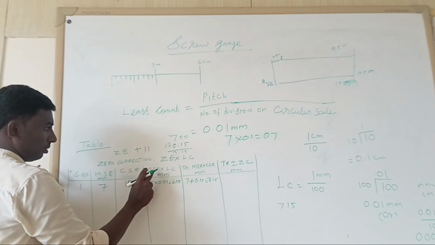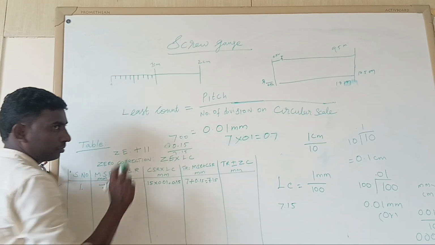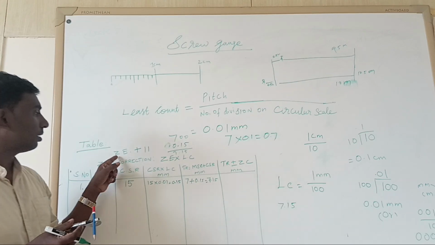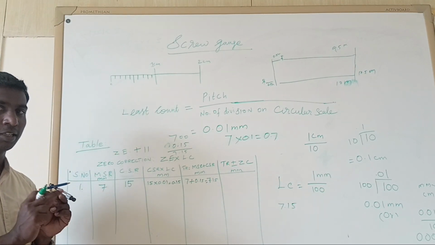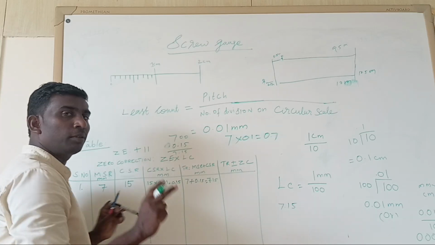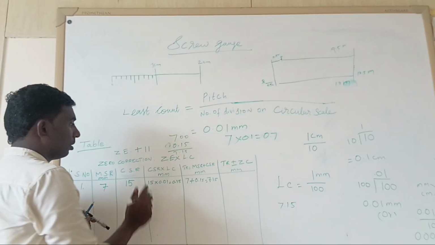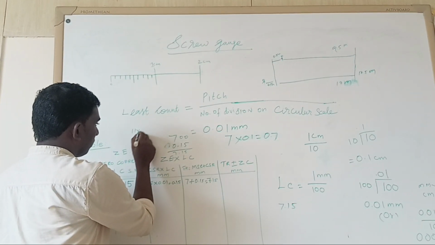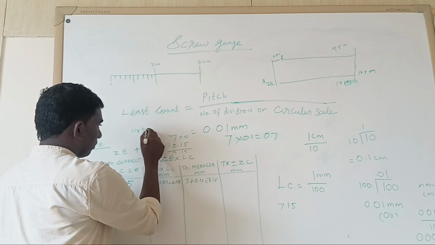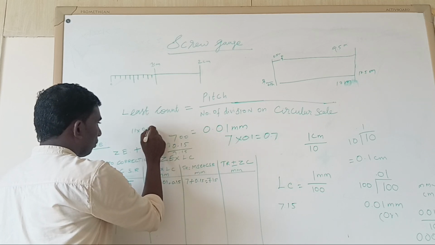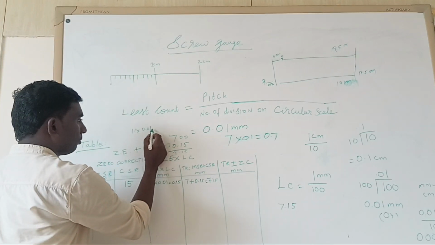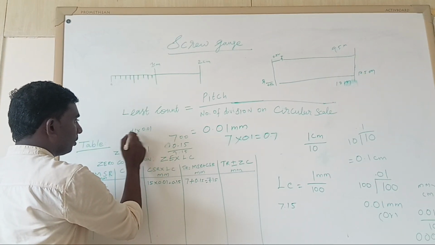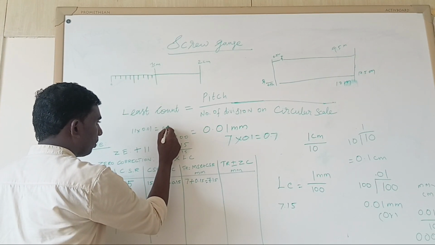So 11 zero error into least count, because this error is the head scale reading. So head scale reading shows 11. That means we can multiply it with the least count. So 11 into 0.01 millimeter. So after 2 digits, if you put the point here, 0.11.